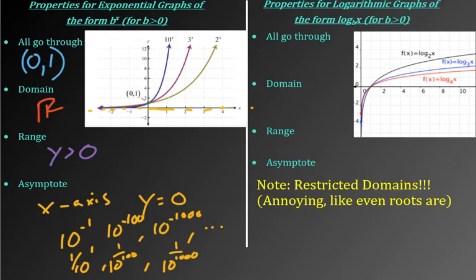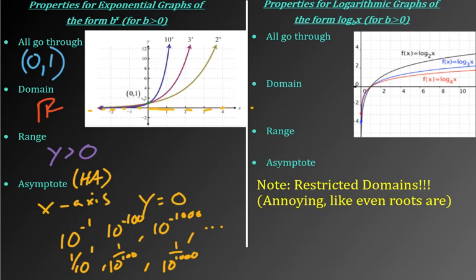And you can see, like, these bottom values are getting bigger and bigger and bigger as you go left, right? So they're approaching, like if we talk about limits, their limiting value, as you go to negative infinity, is 0. So these things do have an asymptote. Specifically, it's a horizontal asymptote. It's just the x-axis, y equals 0.